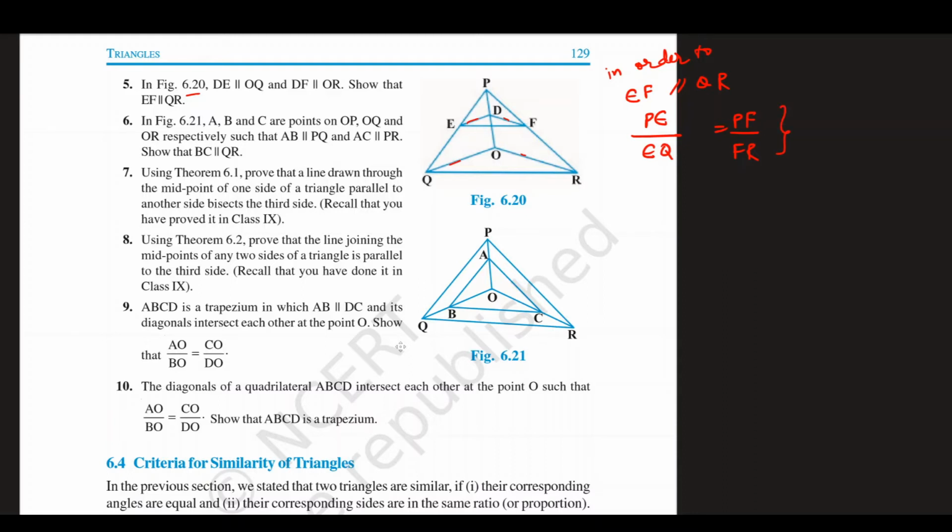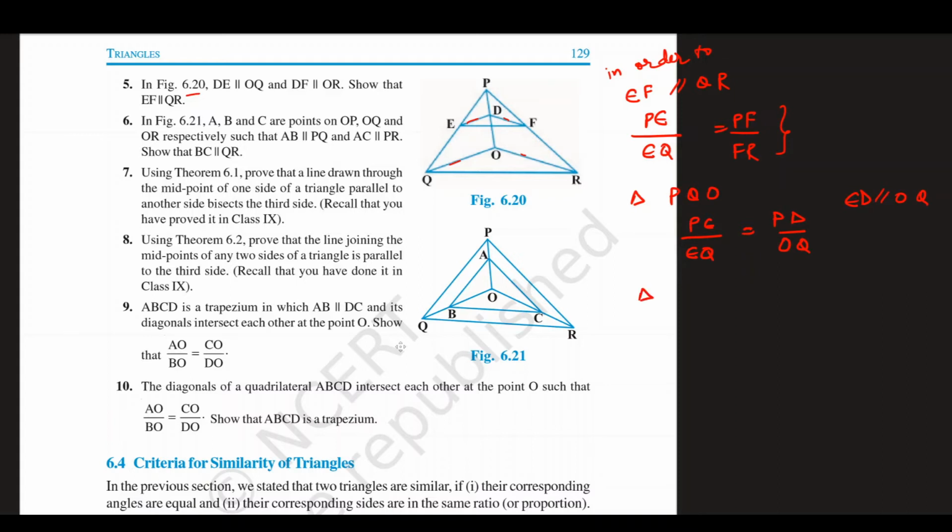So look in triangle POQ, we have PE upon EQ is equal to PD upon DO, because ED is parallel to OQ. It should be DO, not OQ.